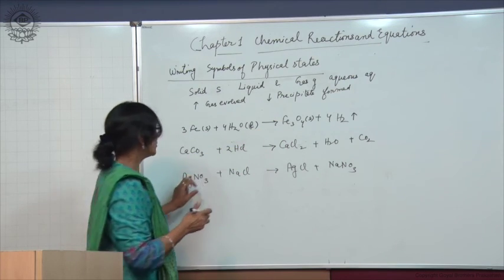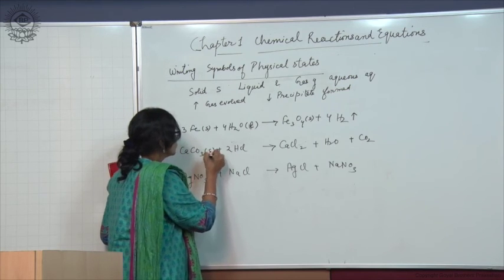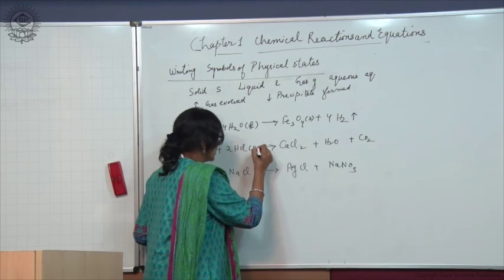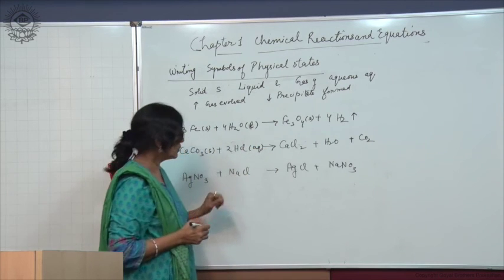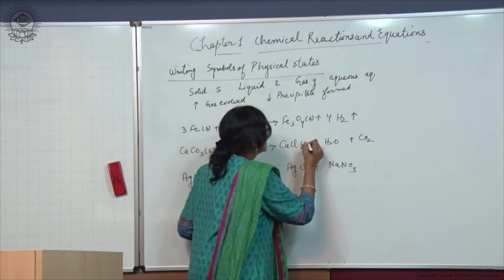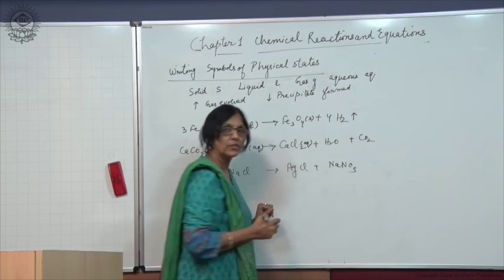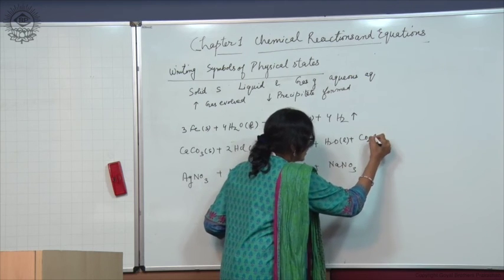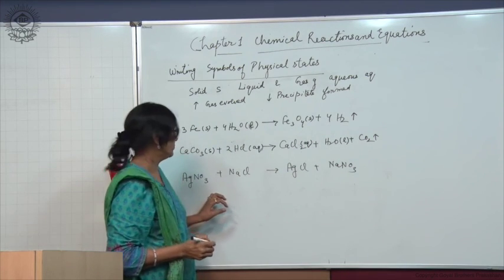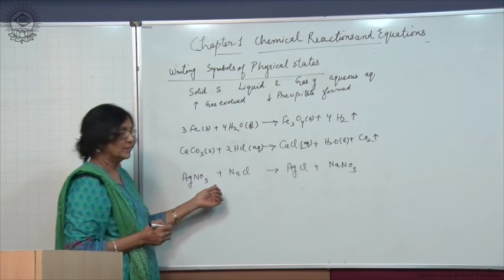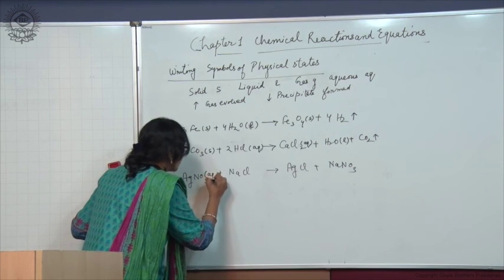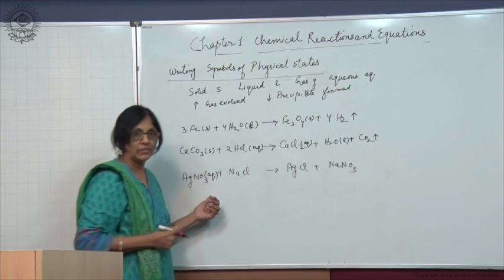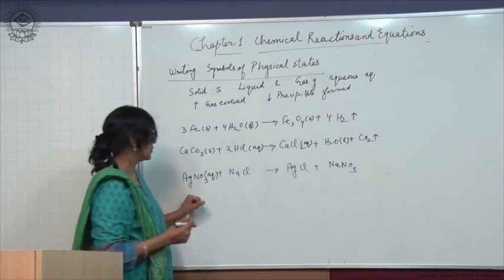Calcium carbonate CaCO3 is solid, HCl is a solution in water, so we write aqueous, CaCl2 again is a solution in water, aqueous, H2O is a liquid, and carbon dioxide is a gas. Silver nitrate is a solution in water, right. NaCl, even if you write liquid L, it is not incorrect.